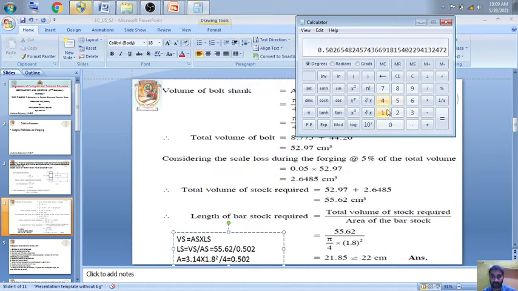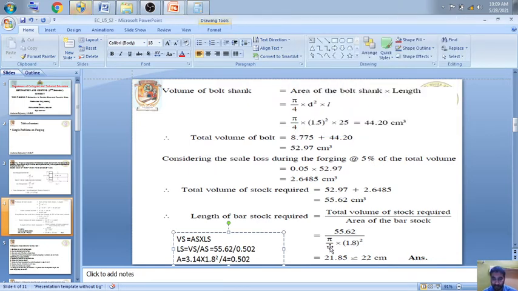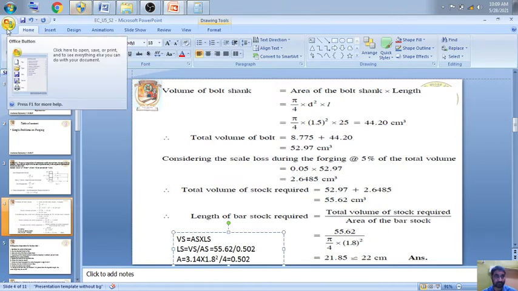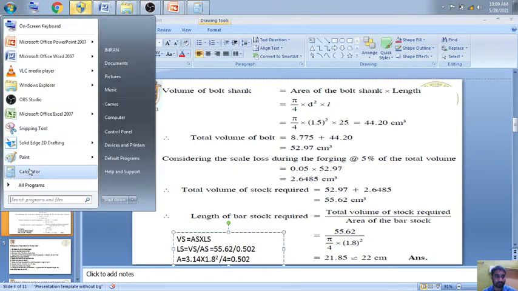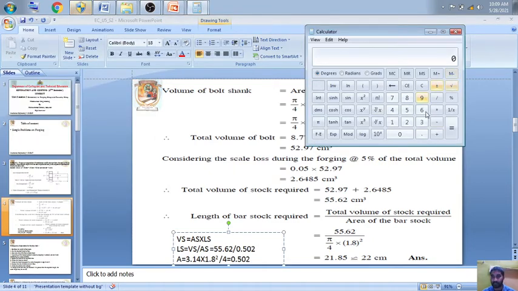Volume of stock is 55.62, divided by the area of the stock, pi d square by 4. The area you have calculated is wrong.